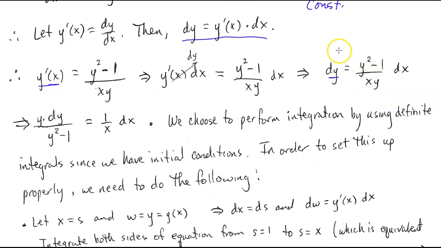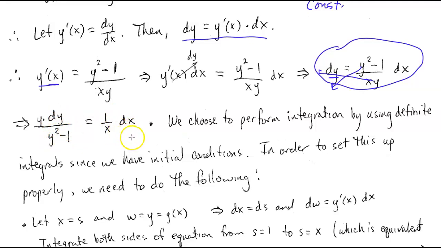From here, we just rearrange this equation so that we have everything in terms of x on one side, everything in terms of y on the other. So if we take this y squared minus 1, divide both sides by it, and then we also multiply both sides by y, then of course we'll get y times dy over y squared minus 1, and on the left side we'll just have 1 over x dx.